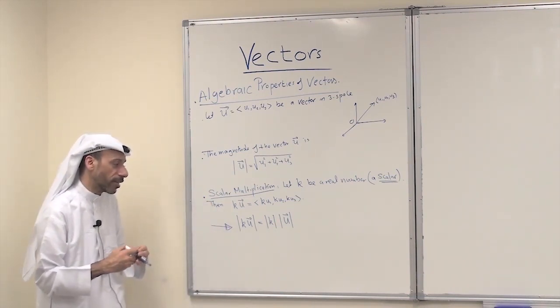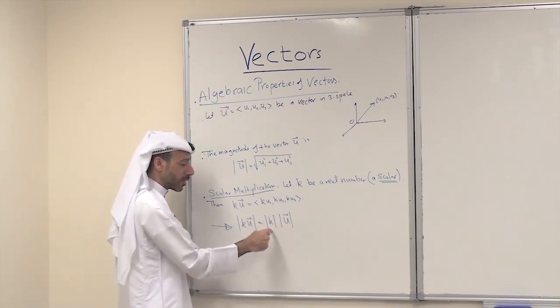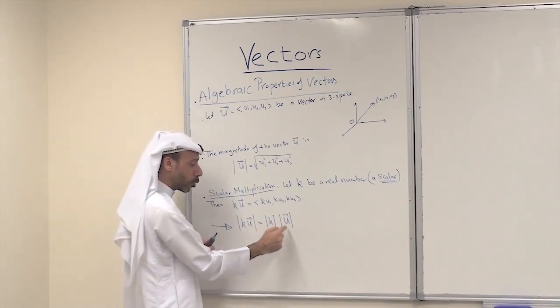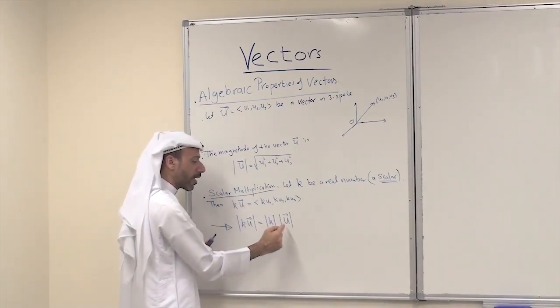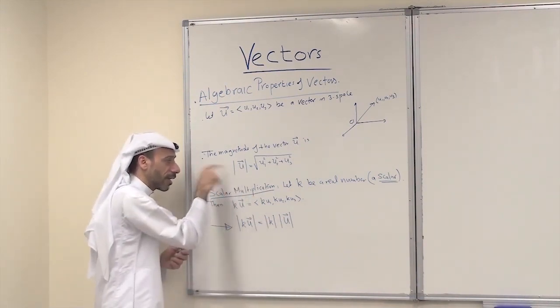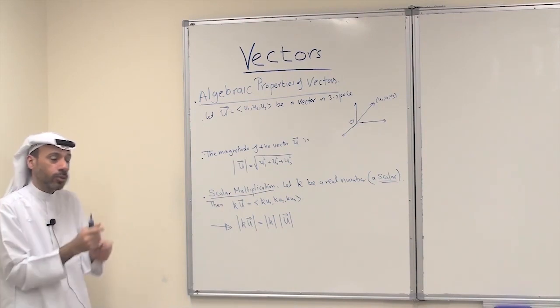Here it is the absolute value of a real number, the usual one from math 001, but here it is the magnitude of a vector, given as in the above definition. So one has to be very careful about the absolute value here.